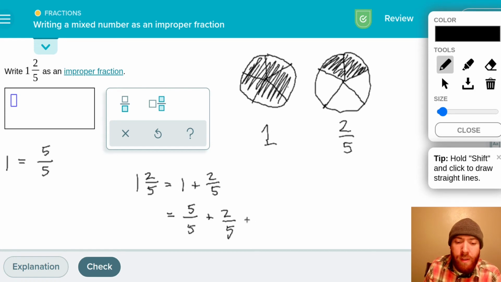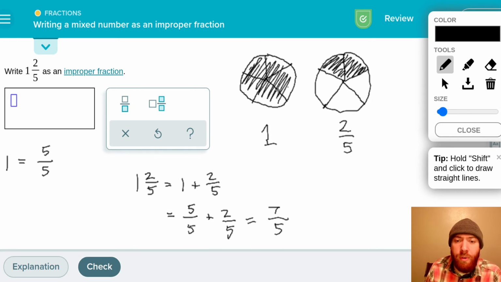And now that we've written these fractions with a common denominator, we can add the top numbers. So 5 plus 2 is 7 out of 5. All right. Another way to get to this number 7 would be by looking at these diagrams we've drawn up here. How many fifths do you see here?